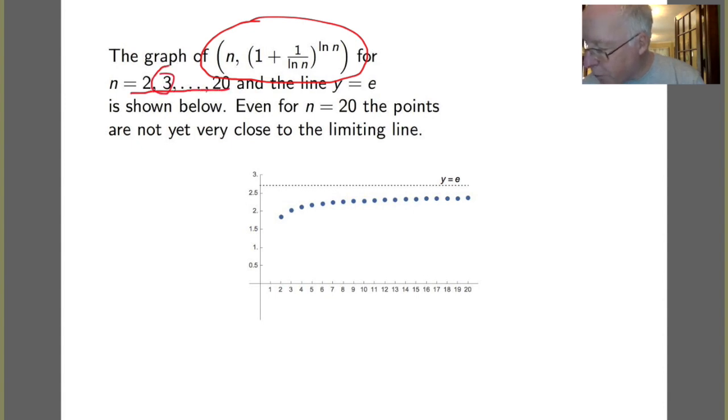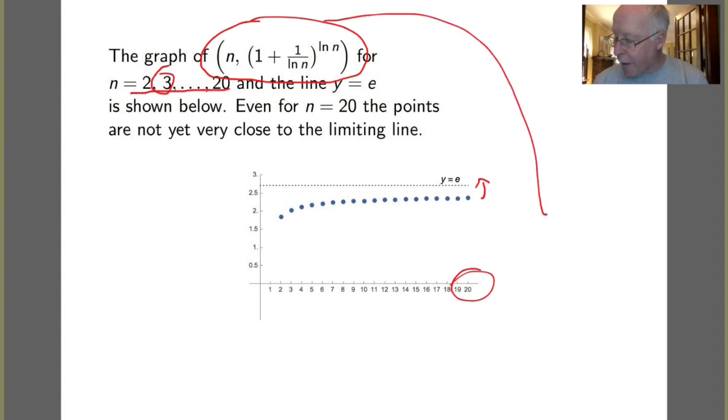And here's what those plots look like. And again, it's not really that impressive. We see these things kind of heading up towards the line y equals e. They really still aren't very close, even by the time n gets out to 20. But if you try comparing large n, like maybe n equals 10,000, something like that, you should see the result getting pretty close to e.